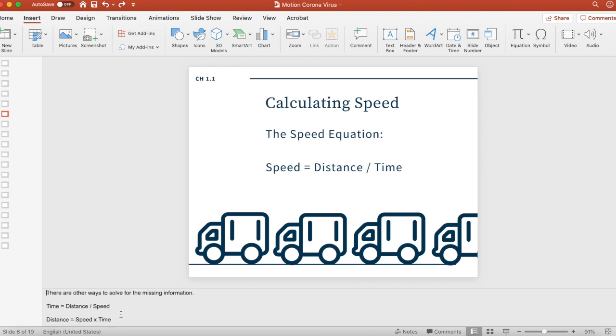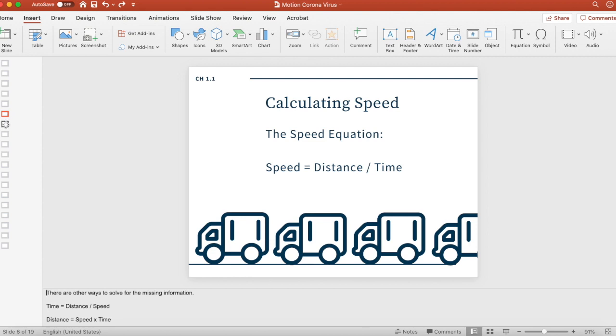Or I could ask you, what is the time of a race car driver driving 50 meters at a speed of 100 miles per hour? So you would have to plug those numbers into this formula. And same thing with distance. I could ask you, what is the distance traveled by someone who is driving 60 miles per hour for 6 days? And you just have to solve that.